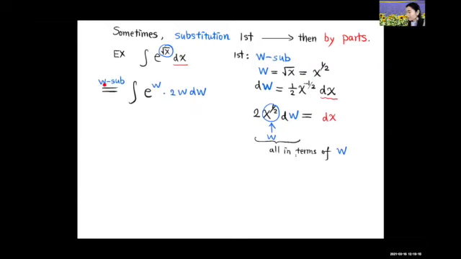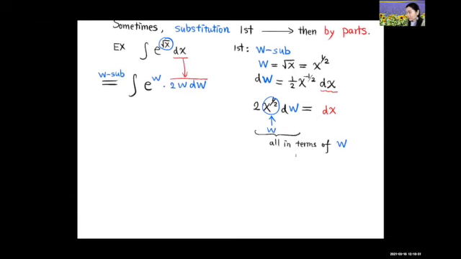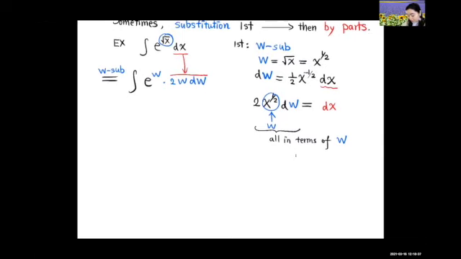So after we did the w substitution, this becomes e to the w, and dx becomes 2w dw. So all in terms of w. You don't want to mix the x with the w. Now after this, you can take out this 2 in front, and now you have the integral of w e to the w dw.